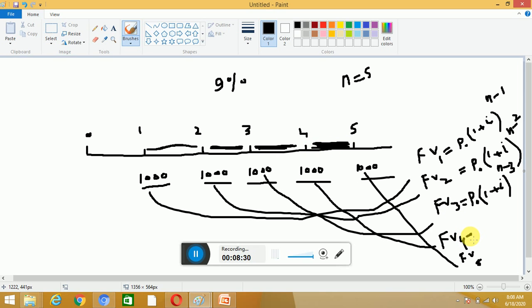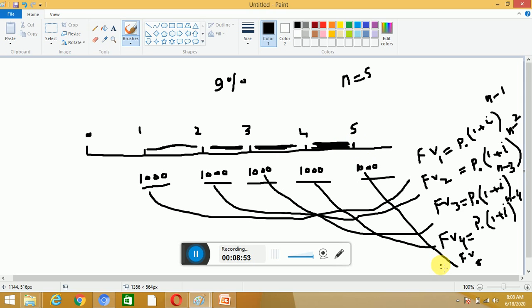So it will be P naught (1 plus I) raised to the power n minus 4, means 5 minus 4, so we will get 1 year.